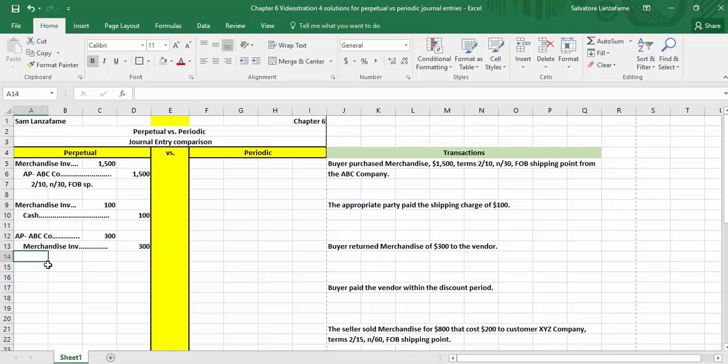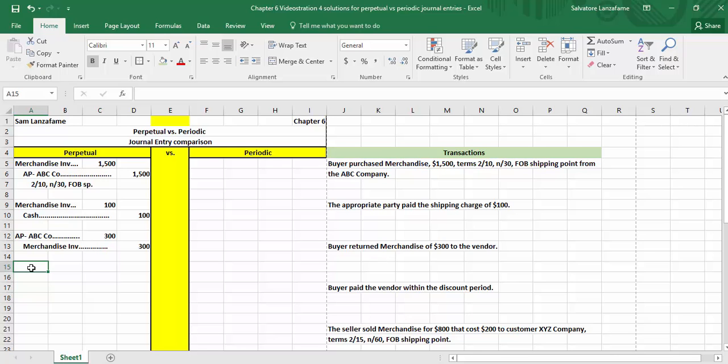Okay, so bottom line here is, remember we had an accounts payable account, and you'll notice in the first transaction I credited AP for $1,500. In the previous transaction, I debited AP for $300. So I currently owe ABC Company $1,200. I'm only allowed to take the discount on what I currently owe. So I can't take it on the original 1,500.